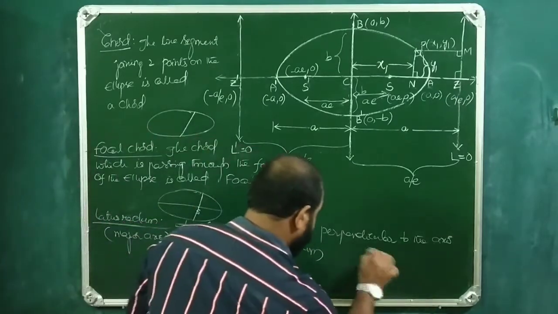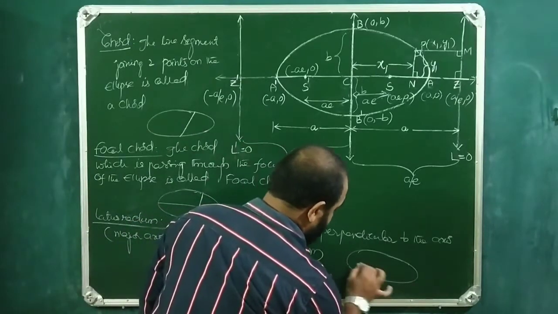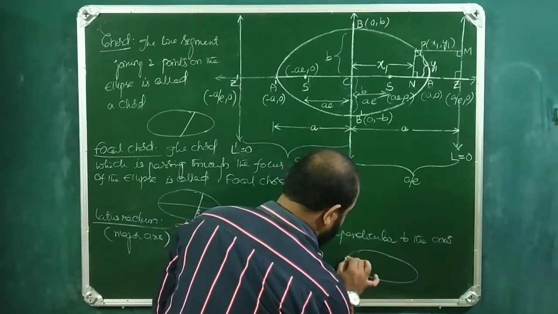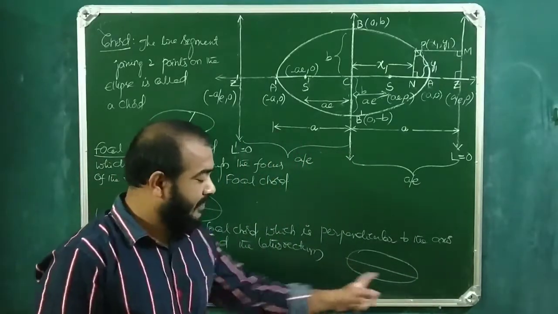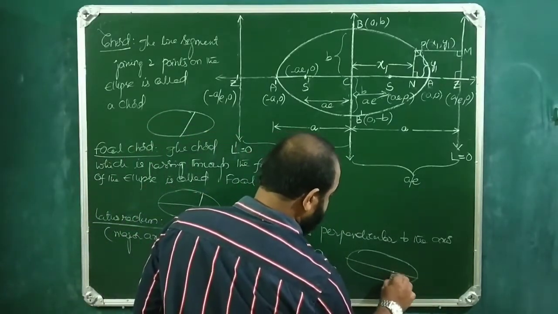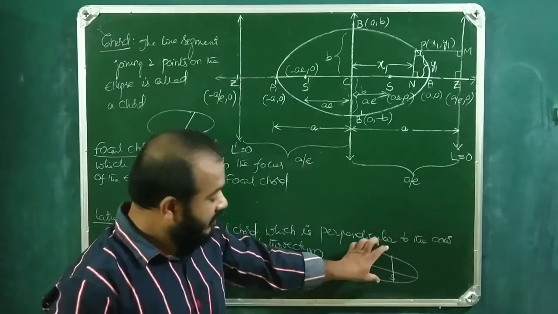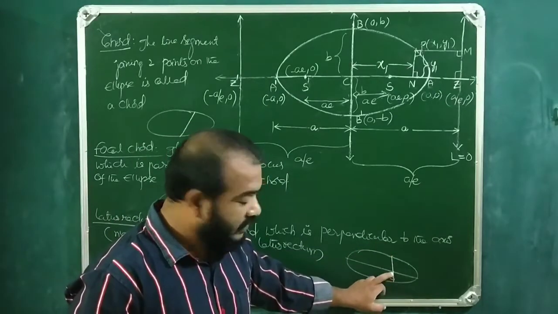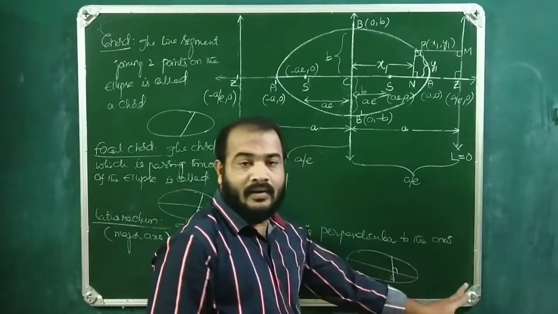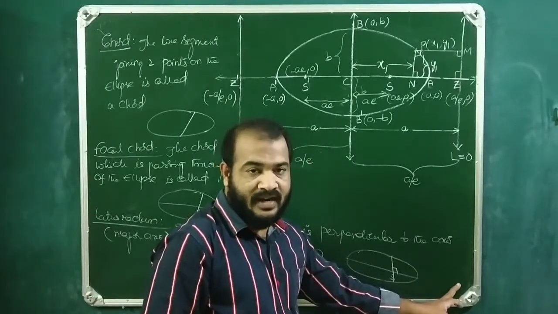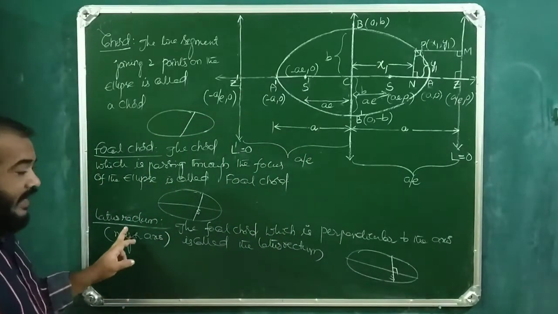That is, this is our ellipse and this is the principal axis, that is the major axis. This is S. Now this line is a chord passing through this focus, therefore it is a focal chord, and this focal chord is perpendicular to the principal axis, which is the major axis. So this line is called the latus rectum.